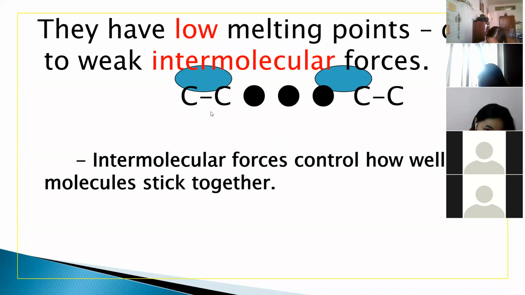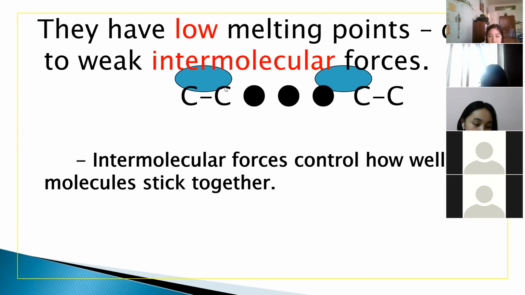You have one molecule here, carbon to carbon bonding. This is considered the blue one, which is made up of carbon and another carbon bonded together is one molecule. And then you have another molecule here with the same component, carbon to carbon bond, another molecule here. So they will come together and they will be attracted to each other.